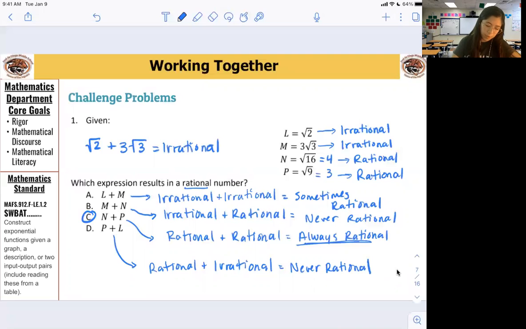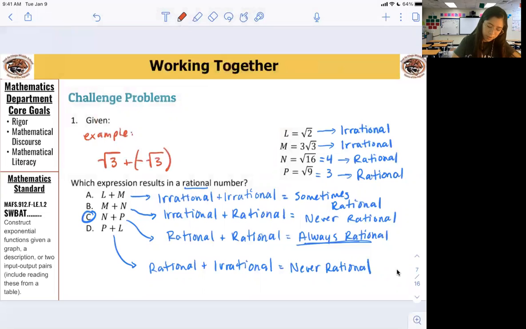So let me explain that one more time. Let's just say, for example, if you had the square root of 3 plus the negative square root of 3, if you have the square root of 3 and then you take it away, what do you get?